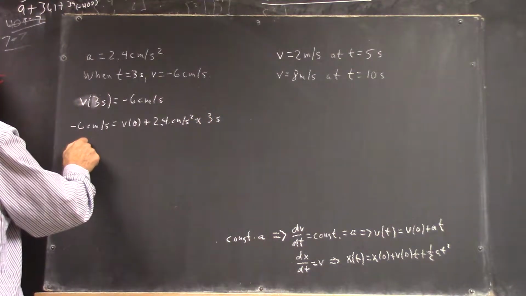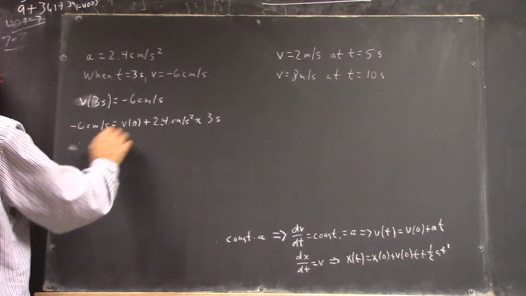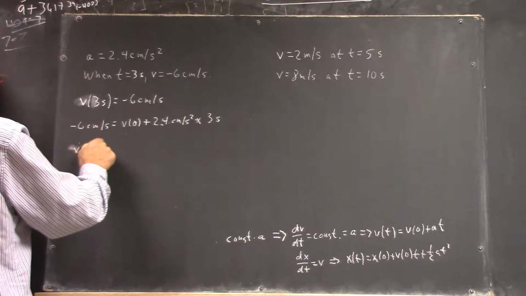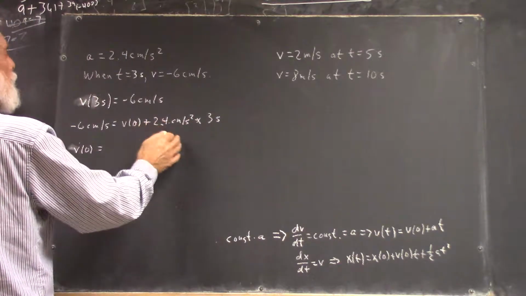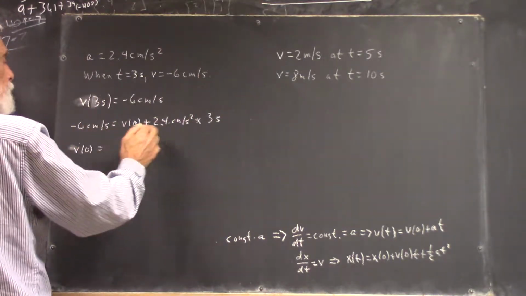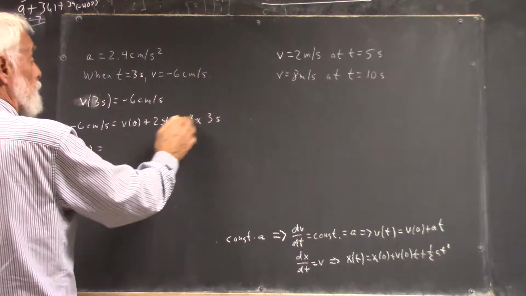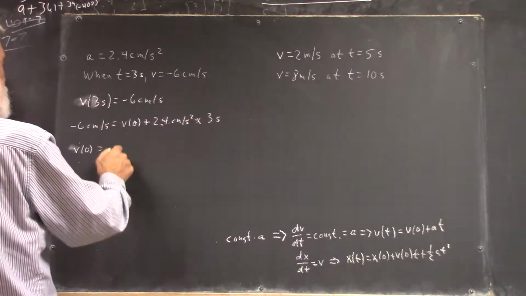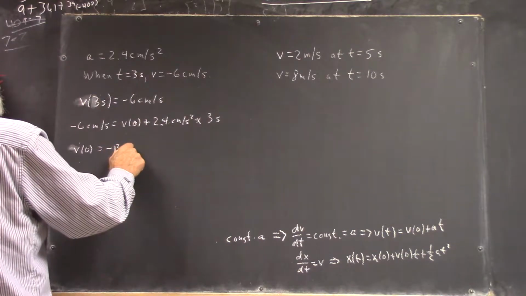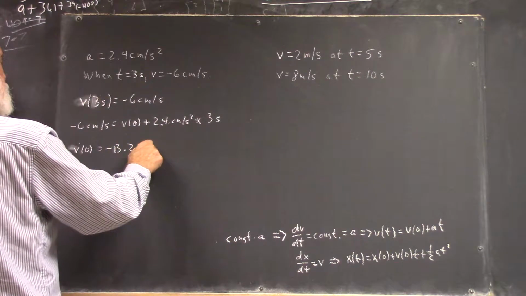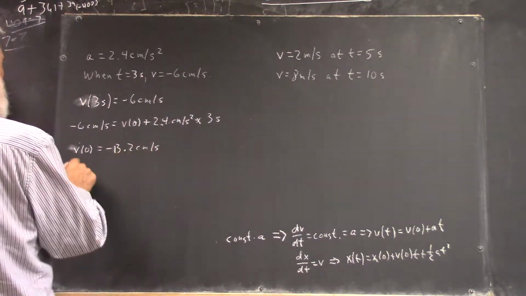So -6, well, we can solve then for v of 0. 2.4 times 3 is 7.2. We subtract that from both sides, 7.2 centimeters per second. We do this multiplication. And you end up with -13.2 centimeters per second.